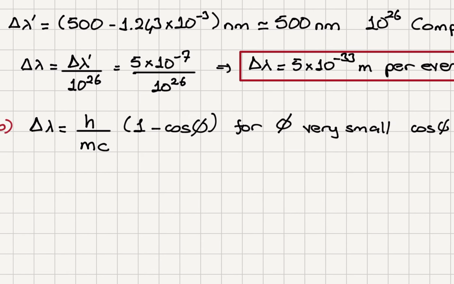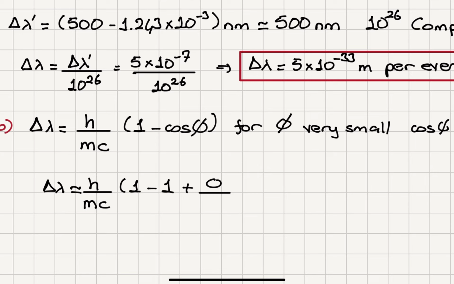Okay, so the change in wavelength per scattering event is approximately h divided by the mass of the electron times the speed of light, times 1 minus 1 plus phi squared divided by 2, and these ones will cancel out.